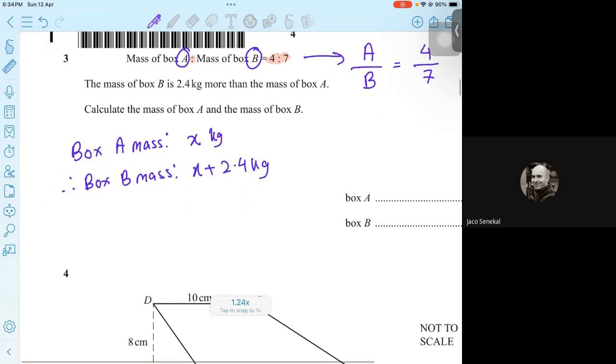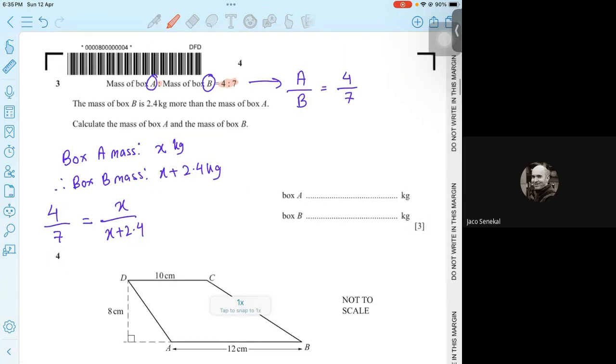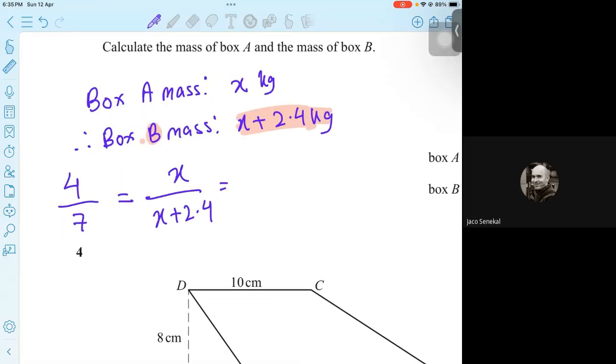So this means that A over B, which is 4/7, equals X over X plus 2.4. A is X, and B is X plus 2.4. That's basically how it works. Then all we have to do is solve this through algebra.